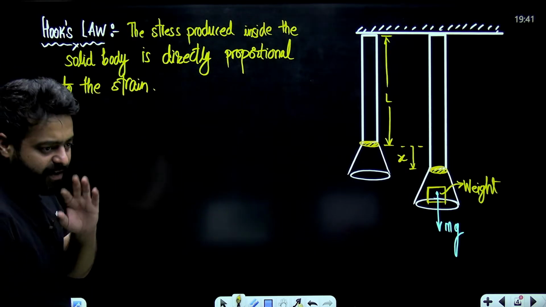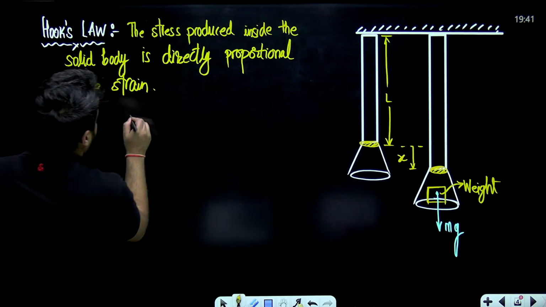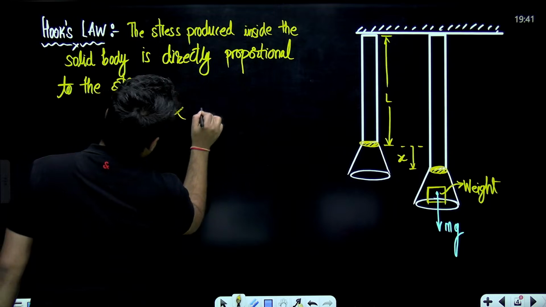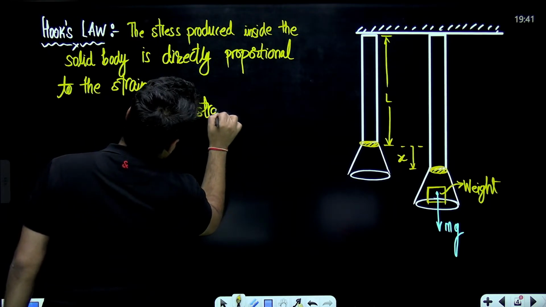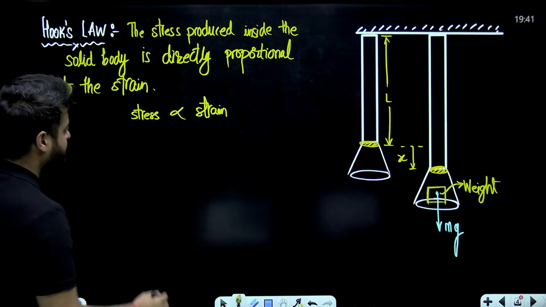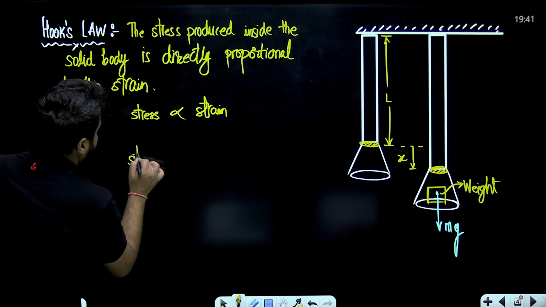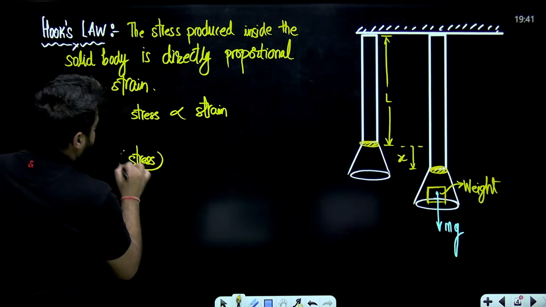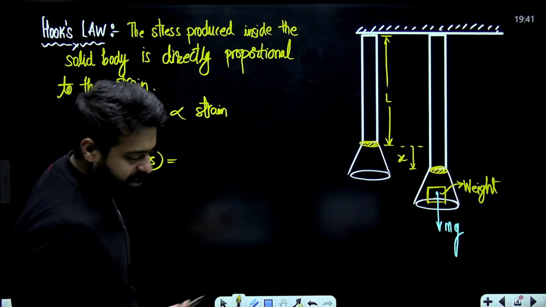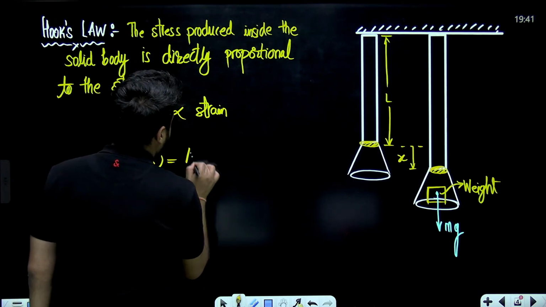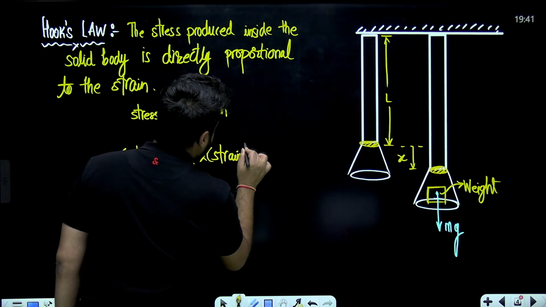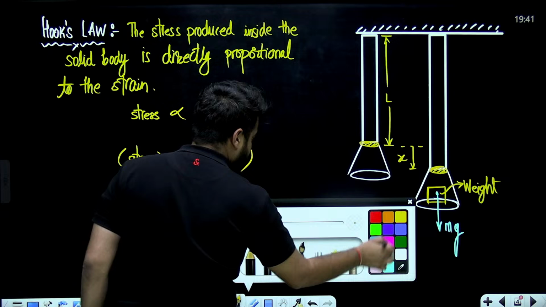He said in a very simple fashion that whatever the type of stress, it is always directly proportional to the strain. When you remove this proportionality, you get stress equal to some constant coefficient, let's suppose A, into strain. Everybody will ask what this A is.